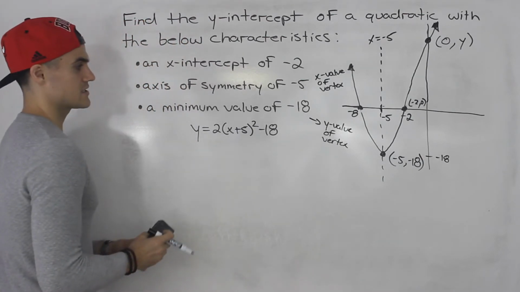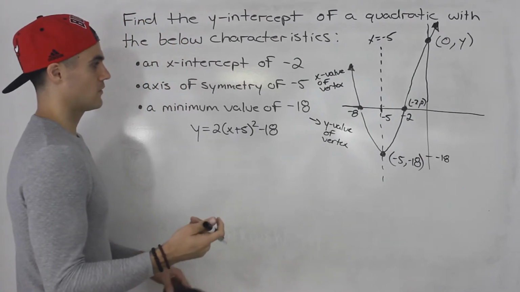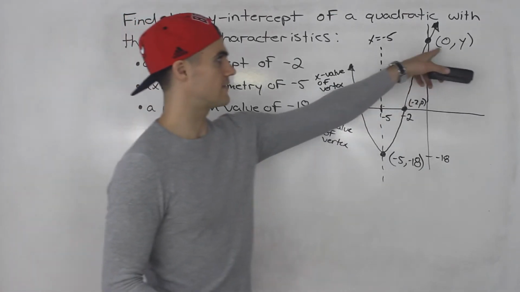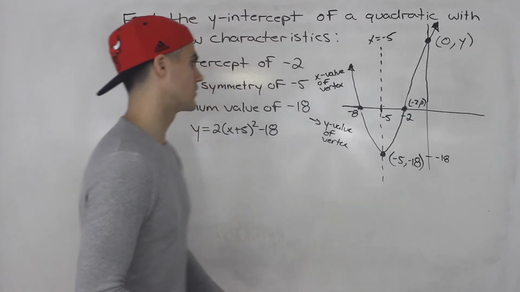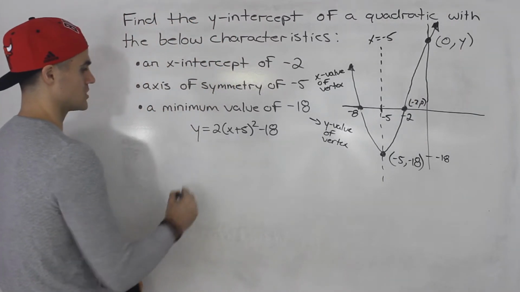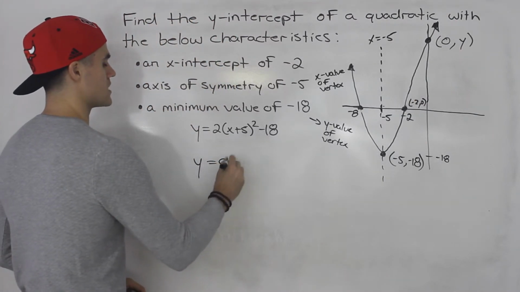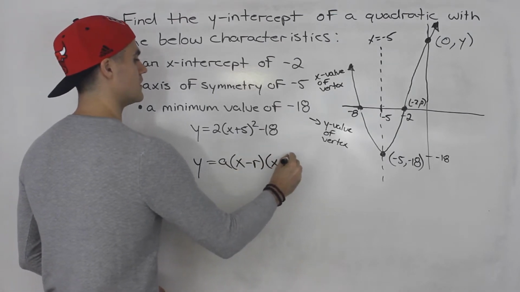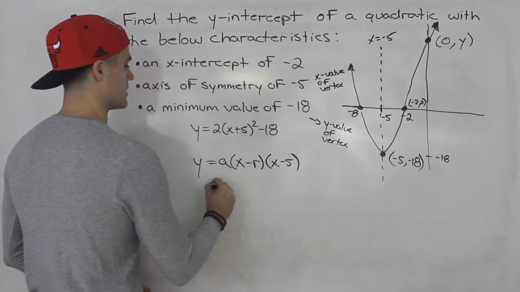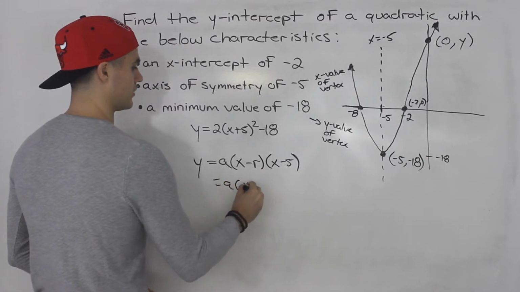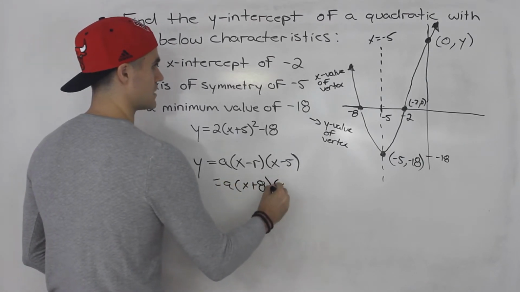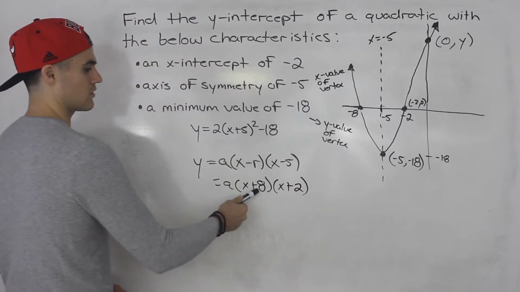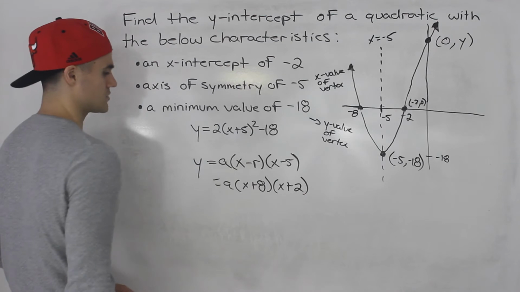Now that we have an equation, it's really easy to find the y-intercept. All we do is plug in 0 for x and get the corresponding y value. Another thing I want to mention is we could have also used factored form, because we have both intercepts. This would be a(x plus 8)(x plus 2), the opposite signs of the intercepts.